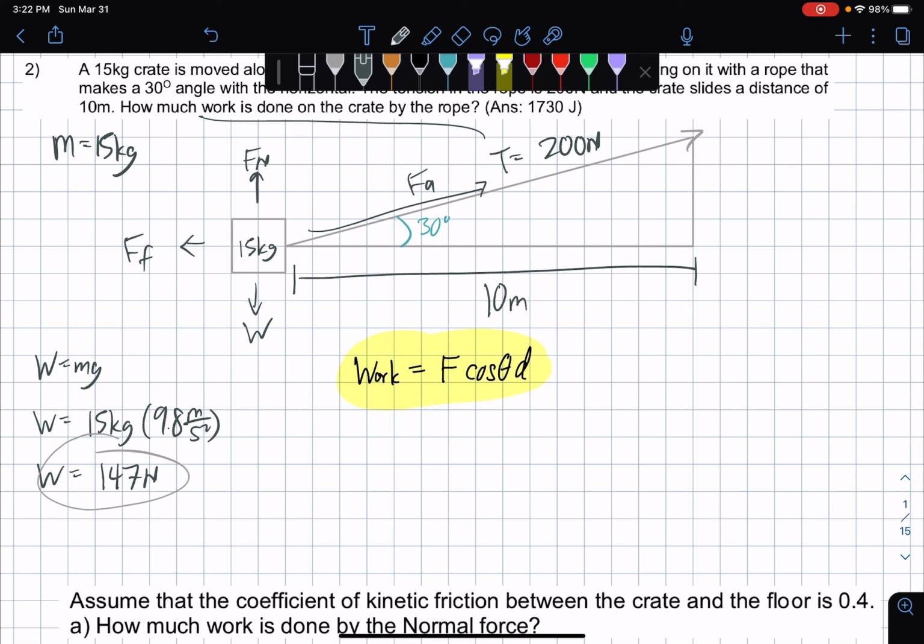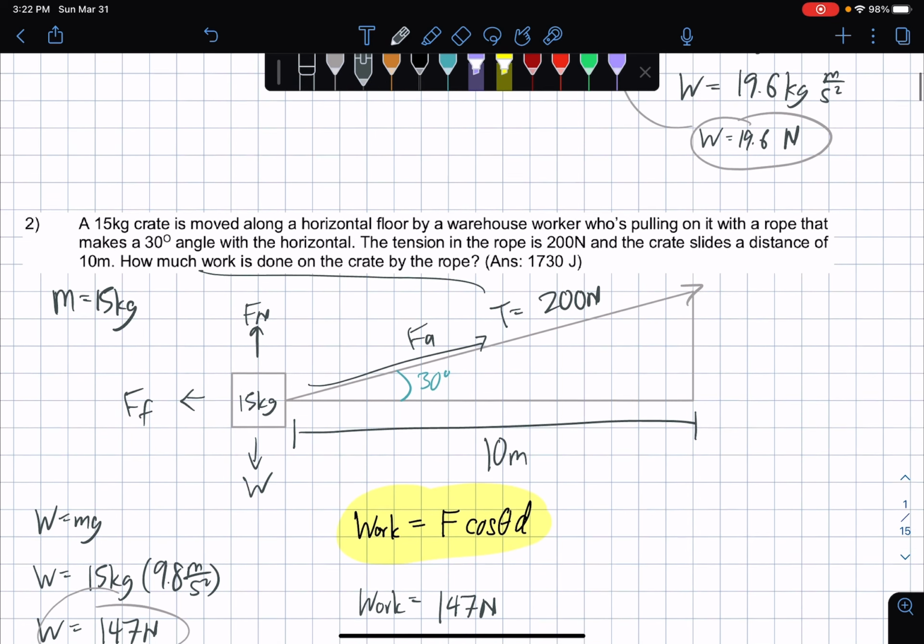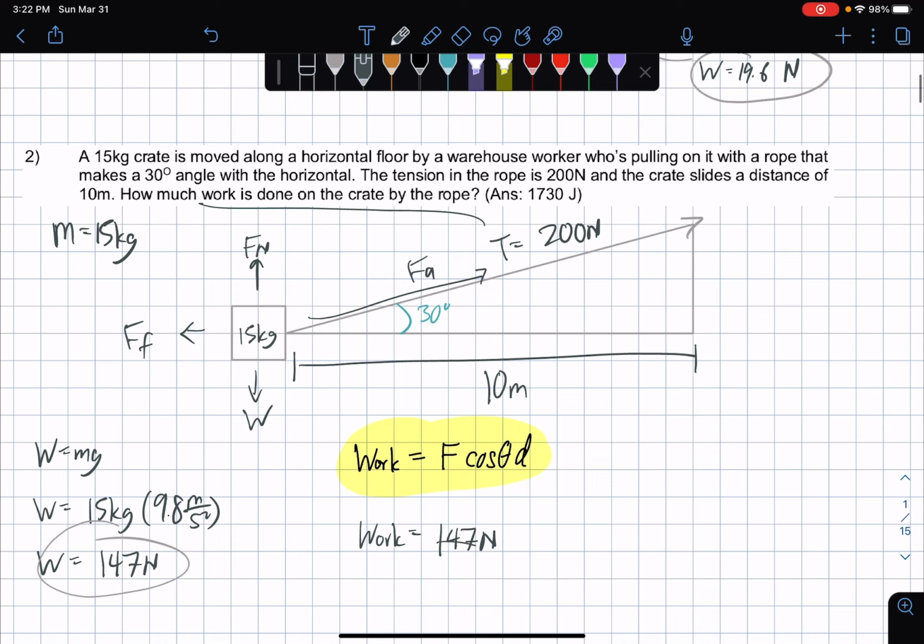So now that we have this, let's try to use it now. So work is equal to force, or the weight, which is 147. Is it? No. I'm sorry. These two are not the same in this scenario. The force here pertains to the tension.